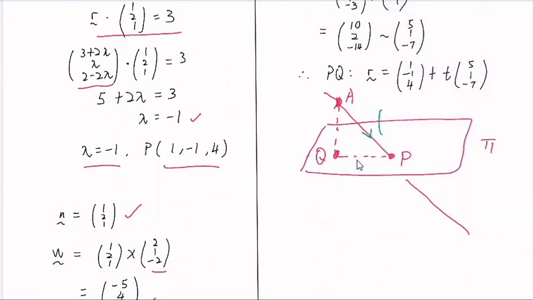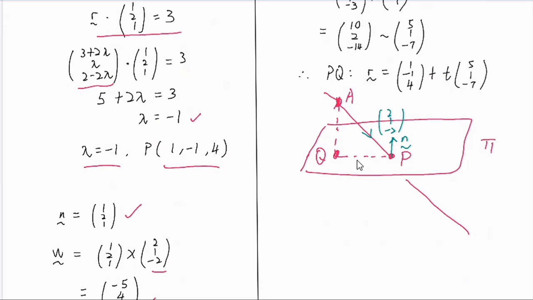This is the direction of the line, (2, 1, -2), and let's say this is our n. As we cross them, we get a vector which is perpendicular to both n and (2, 1, -2).